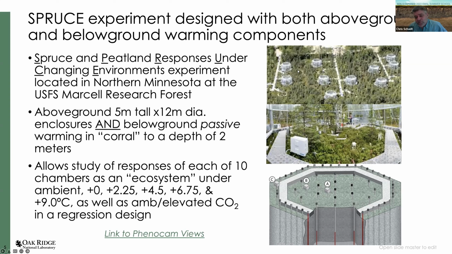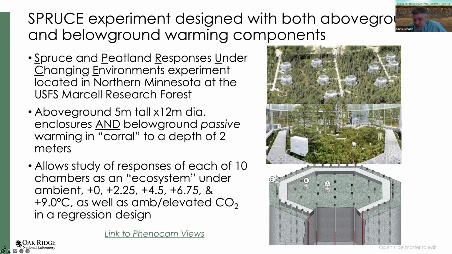In a regression design, we can look at the response surface of different environmental variables to these increases in temperature. Above ground, each plot is enclosed by a greenhouse-like chamber with a center boardwalk, the center area between the boardwalks being the primary study area. Below ground, you can't see in the pictures, but there's quite an infrastructure there as well.